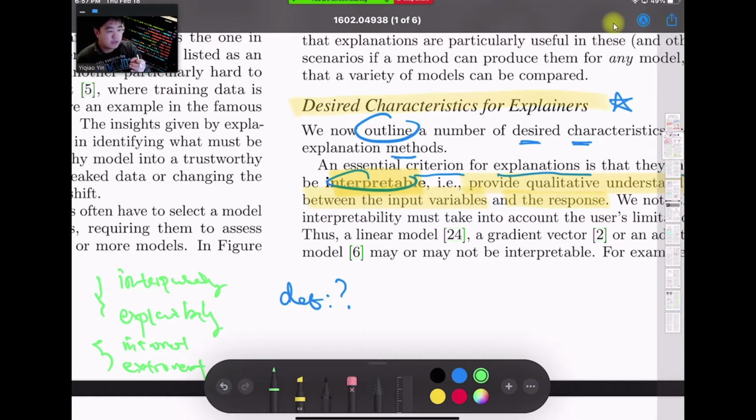However, the definition given in this paper, right, this provides qualitative understanding between input variables and response. This statement can actually be used both on interpretability and explainability. So in other words, the proposed methodology Lime, whatever it is, we're going to get into that, whether that serves as a differentiation of interpretation and explanation, I don't believe that's discussed in depth in this paper.